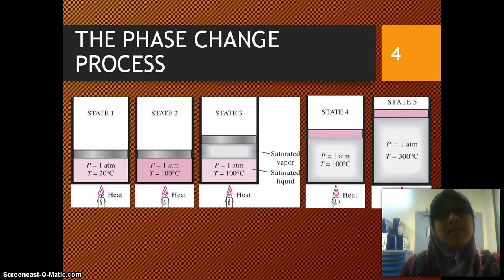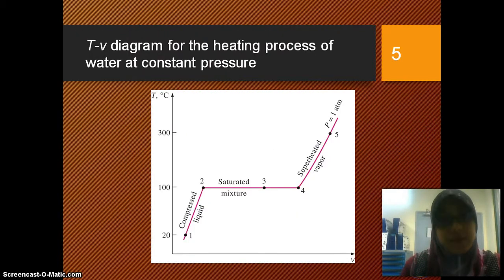In state 5, you can see the pressure remains the same at 1 atm, but the temperature rises to 300 degrees Celsius. When the temperature starts to rise, state 5 is now known as superheated vapor. So basically this will be the phase change process for any heating process.